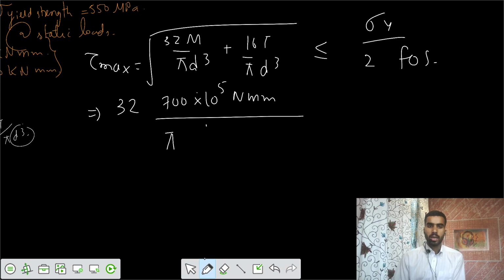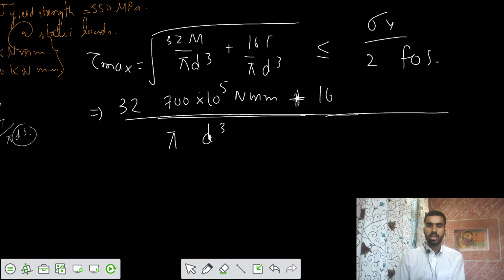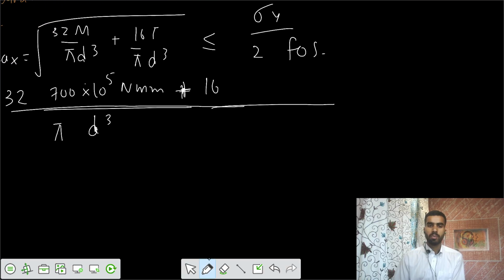I don't know the value of d cube, so let's keep it as pi d cube, and it's common for both the terms. So I would keep them common, then plus 16T newton millimeter by pi d cube.